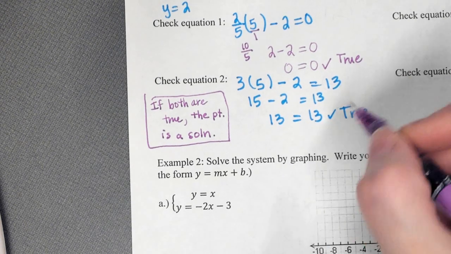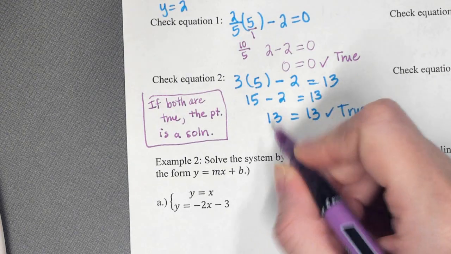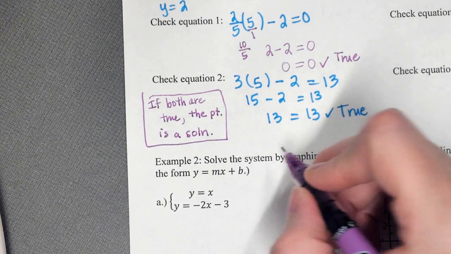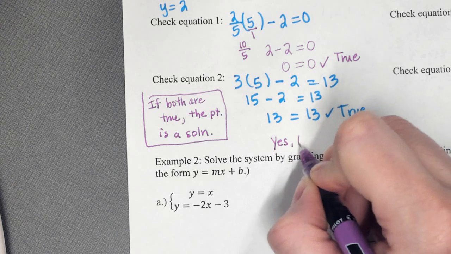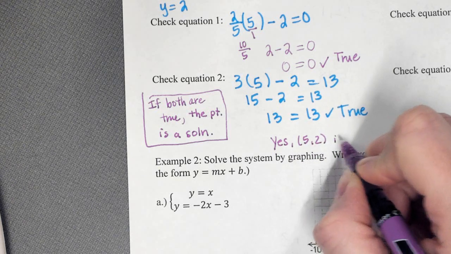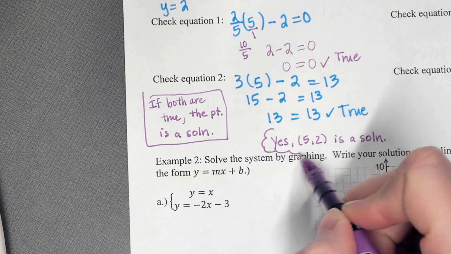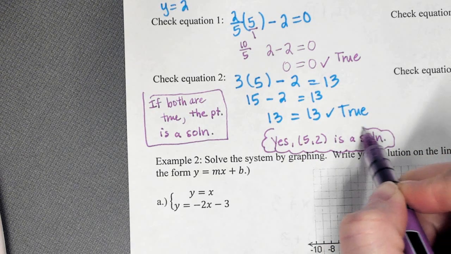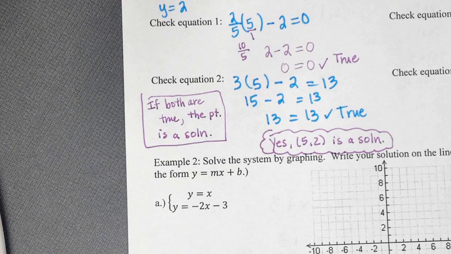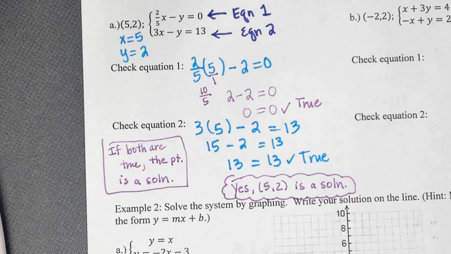Okay, so in this case, it says tell whether the ordered pair is a solution. We just say yes, 5, 2 is a solution. And you guys can abbreviate solution. Okay, and then you are going to do part B.